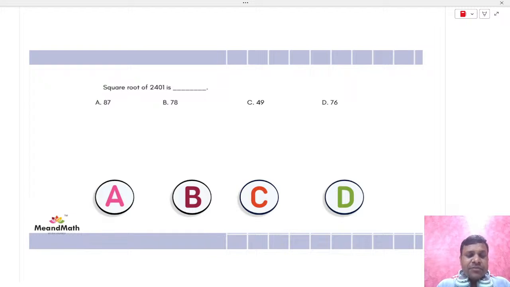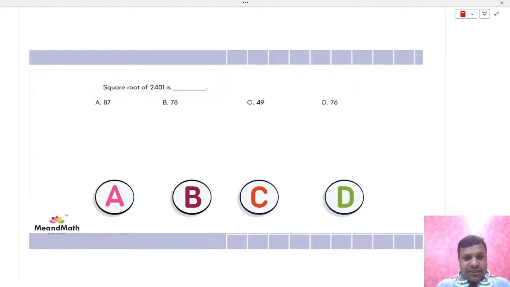If you have remembered the basic squares, then you can solve it directly without using pen and paper. I'm always saying in the class that you have to remember the squares till 25.